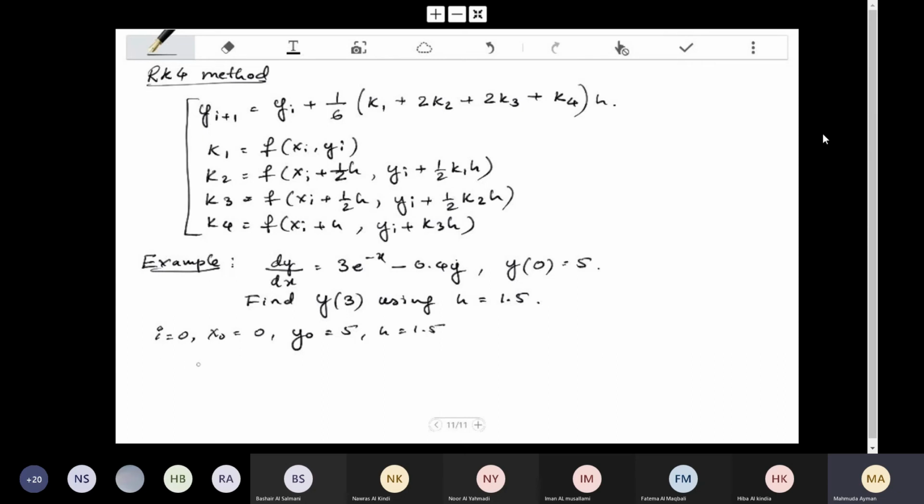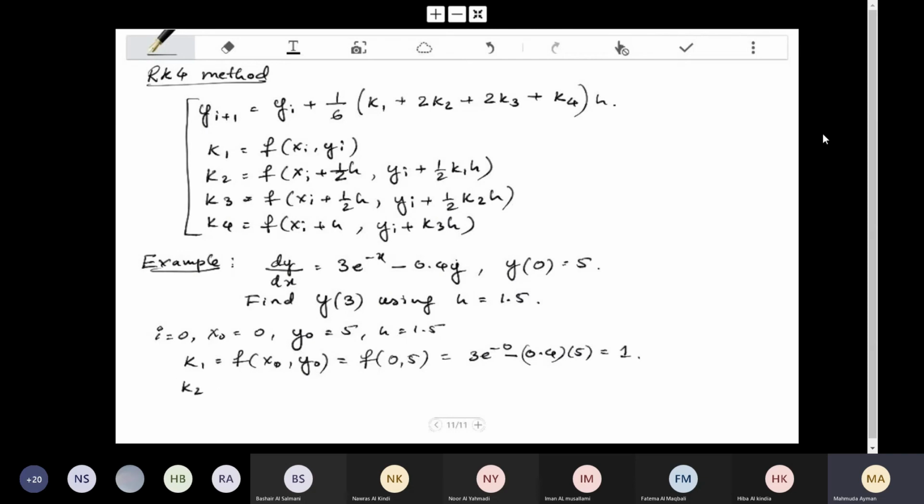So k1 is equal to the function value at 0, comma, 5. So you have 3e to the power minus 0 minus 0.4 times 5, and this gives us the value 1.